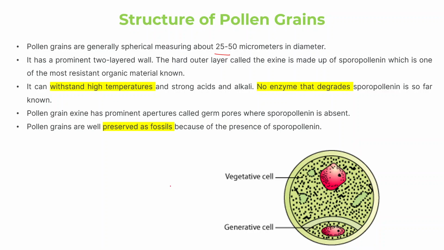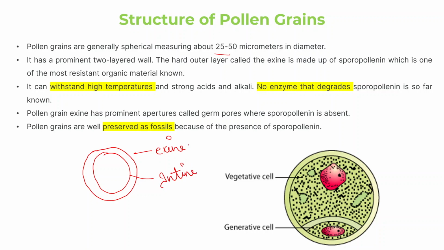Now, the two layered wall: the hard outer layer is known as exine, and the inner wall of the pollen grain is known as intine. This exine part is interesting because it is made up of sporopollenin, which can withstand high temperature.